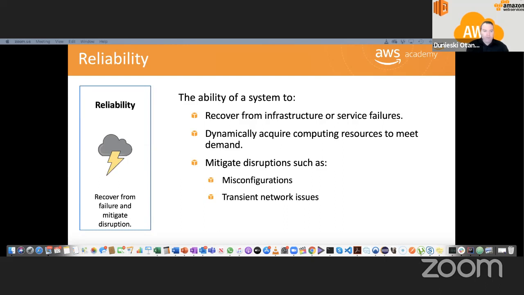One of the security groups doesn't have an open port, and AWS Config would tell you that there's some ports that are not open that are supposed to be open, or some ports that are open that are supposed to be closed. So there's some temporary network issues that you may have, like connection problems, but when you're reliable, you can solve all this, and you can continue running your services.